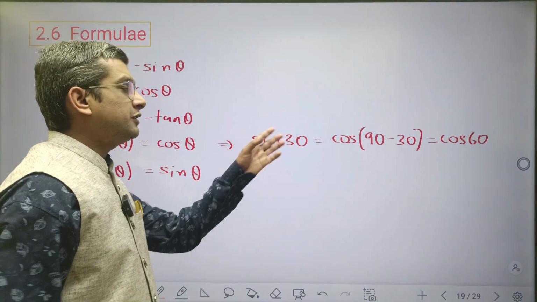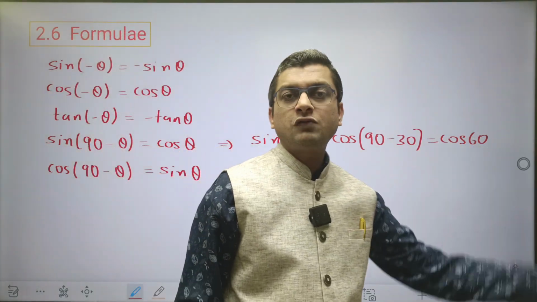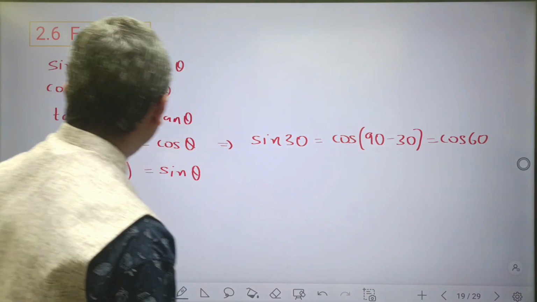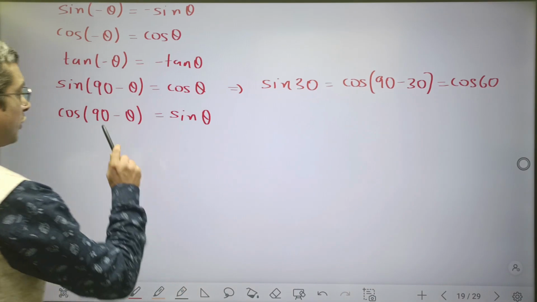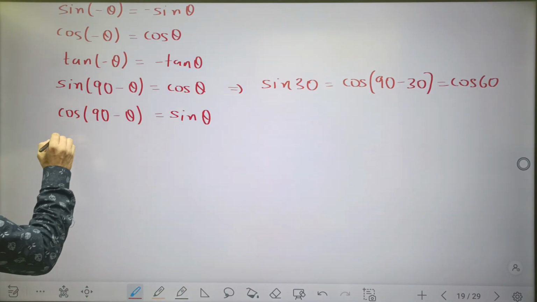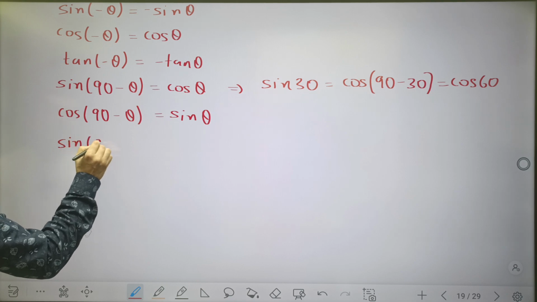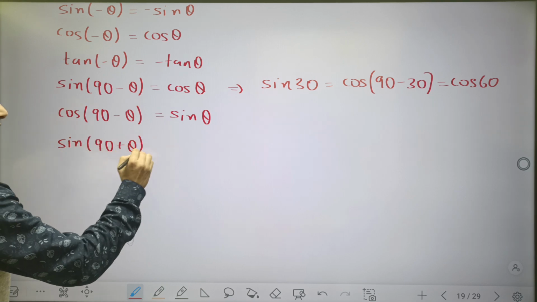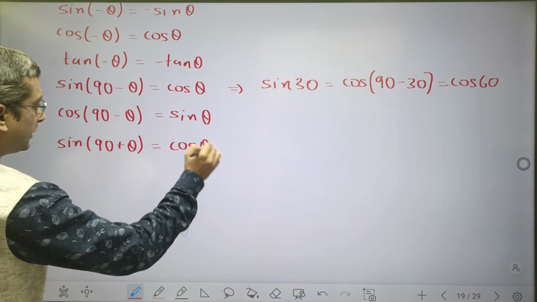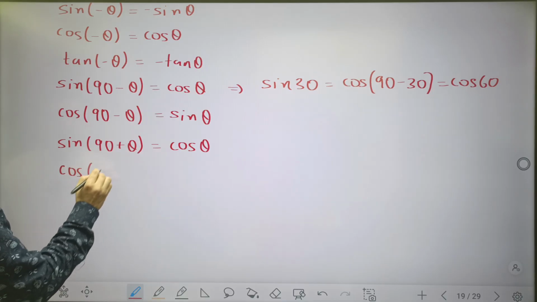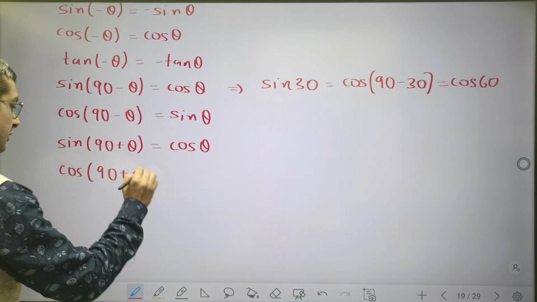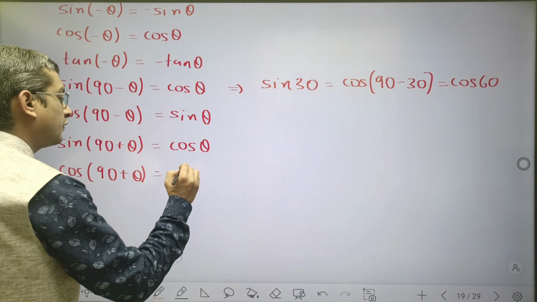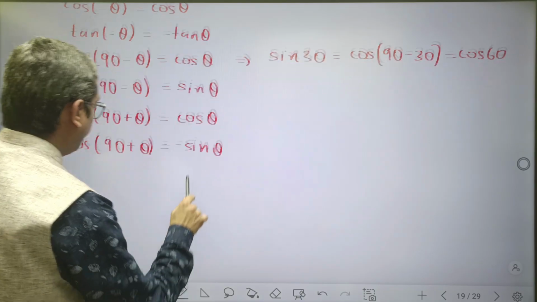Both have the same value. Sine 30 is 1 by 2, cos 60 is also 1 by 2. So I am just giving you the demo of this formula. So cos 90 minus theta is sine theta. Sine 90 plus theta is equal to cos theta, and cos 90 plus theta is equal to minus of sine theta.